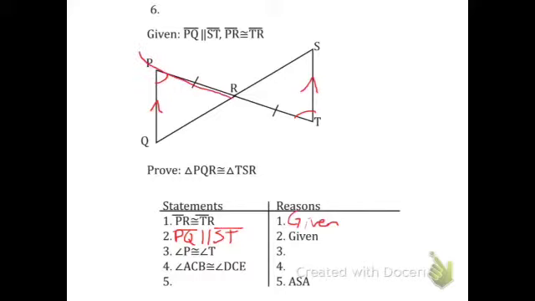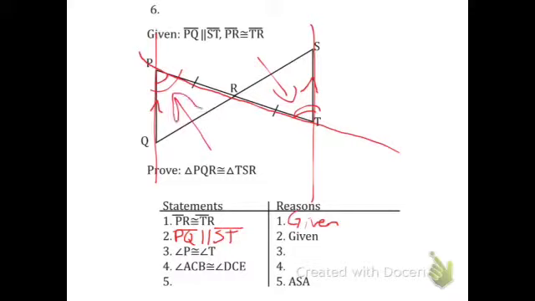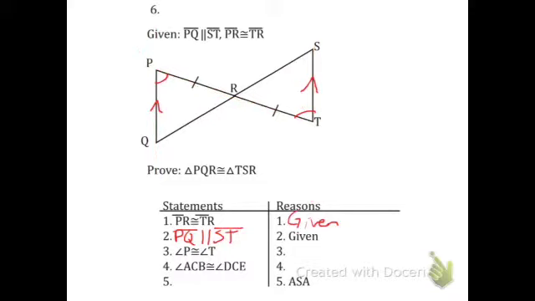And this line going across is a transversal across two parallel lines. So you're looking at alternate interior angles. Those are alternate interior angles. So I'm going to write that down, alternate interior angles.